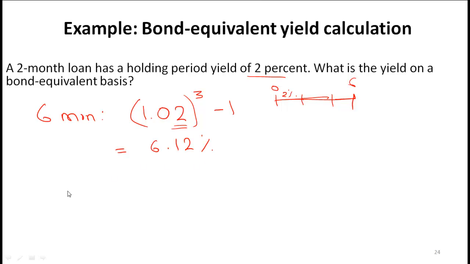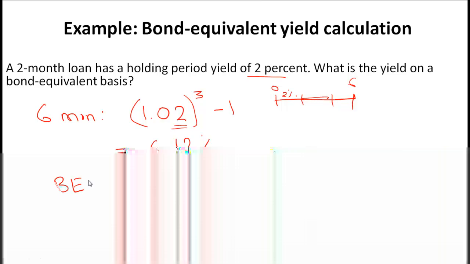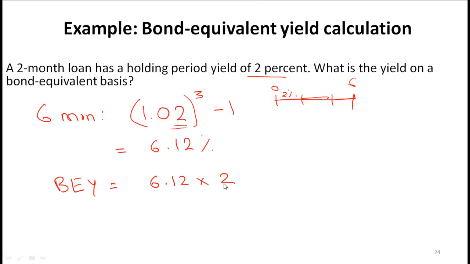And since that's the 6-month yield, the bond equivalent yield will simply be equal to 6.12 times 2, which is equal to 12.24%. So that explains the bond equivalent yield.